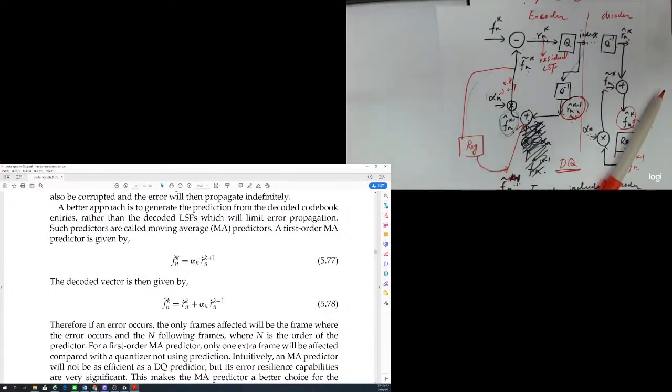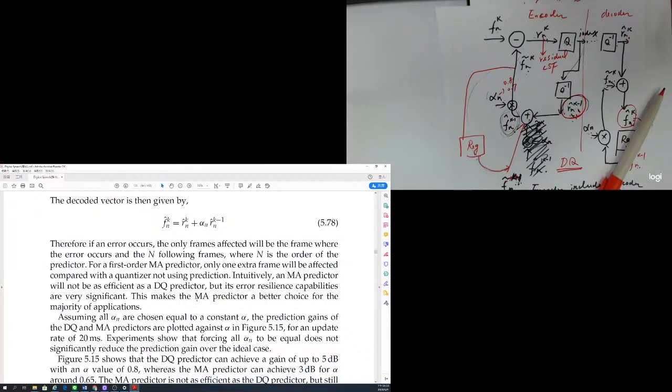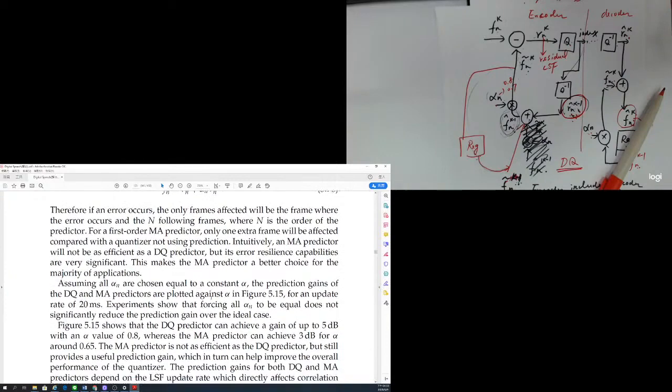So the residual vector is just based on the previous one. So maybe this one has an error, and you can get an error here, but the next r of n later on will be fine. So there is no error propagation for the moving average method.